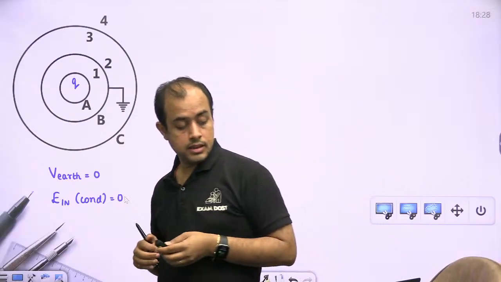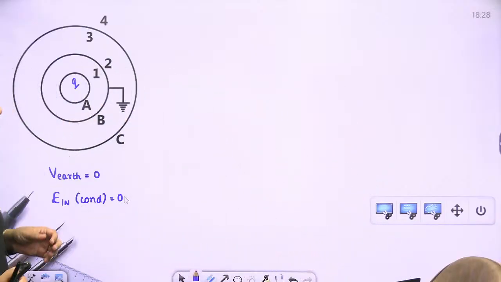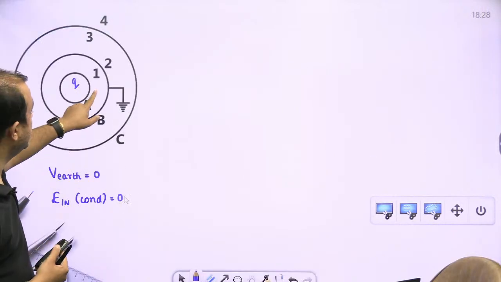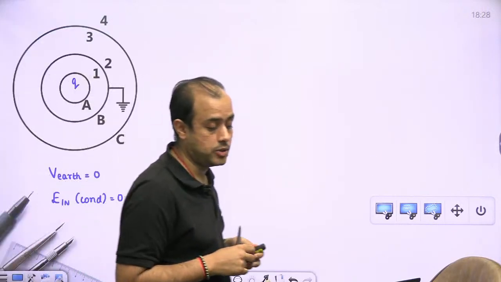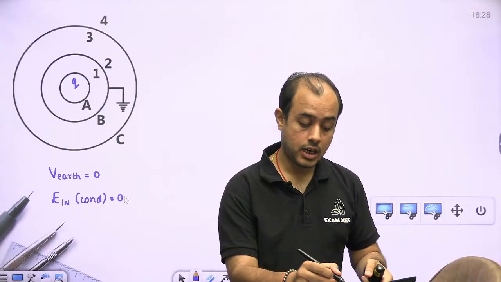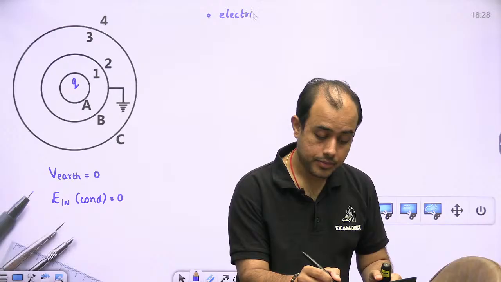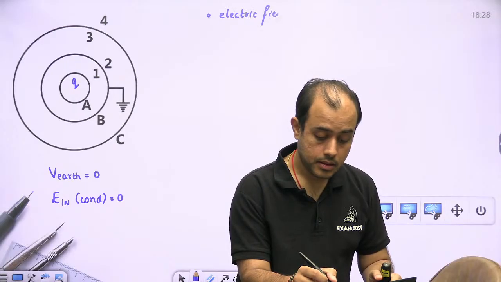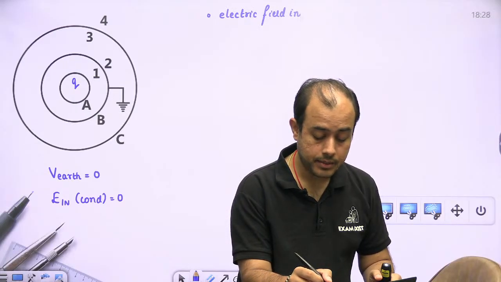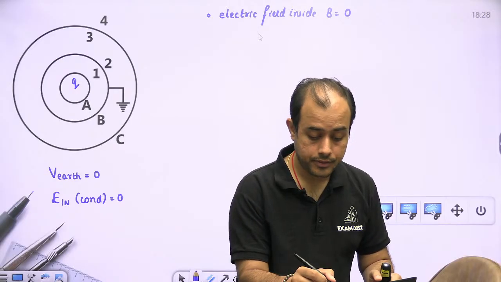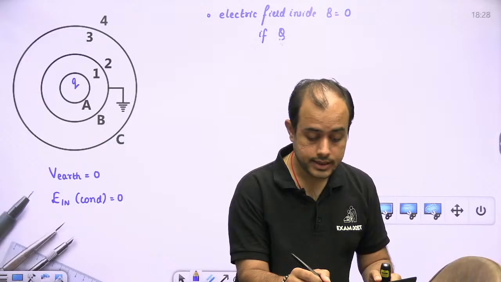Okay. So now, how to make sure that the electric field inside the conductor, the electric field inside B, is 0? Electric field inside B is 0 if charge enclosed is 0.